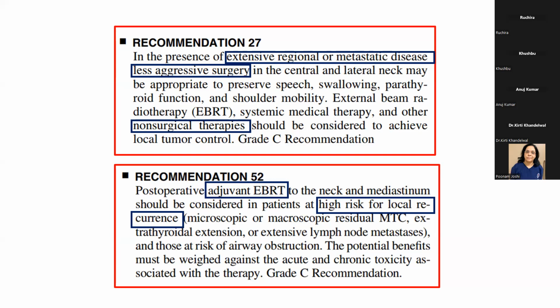Because they have given this as one of the recommendations, I am discussing EBRT and non-surgical therapies depending on resectability or not.